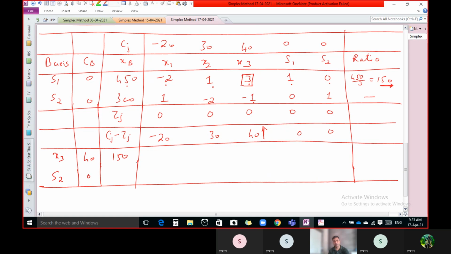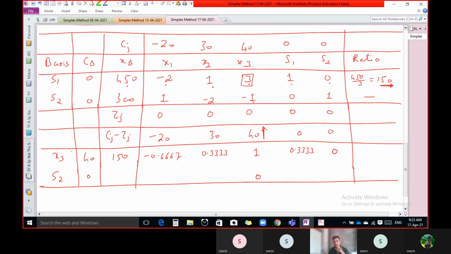Minus 2 divided by 3, we get minus 0.6667. 1 divided by 3, we get 0.3333. 3 divided by 3, we get 1. 1 divided by 3, we get 0.3333. And 0 divided by 3, we get 0. And in the remaining place of the key column, we have to write 0.